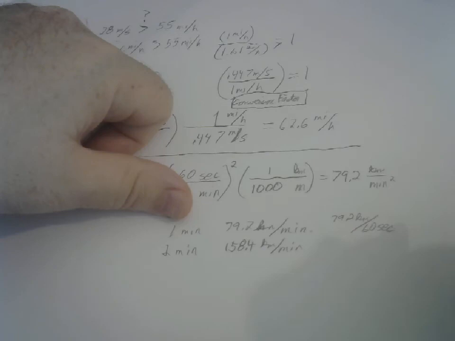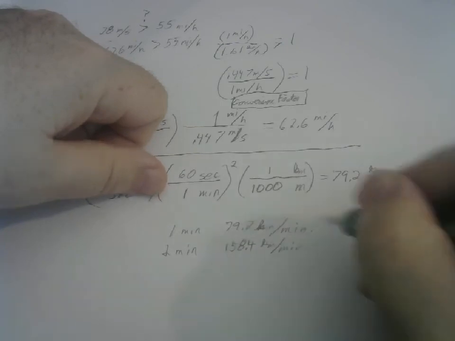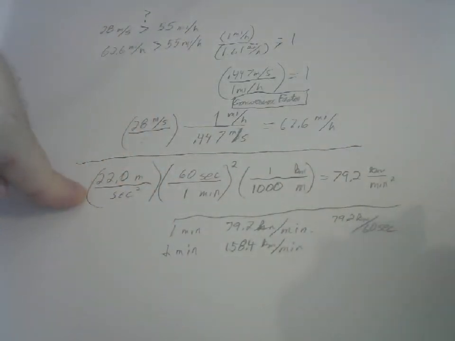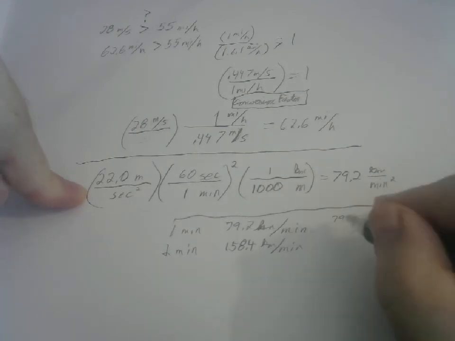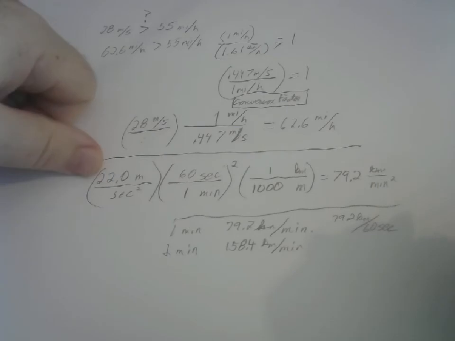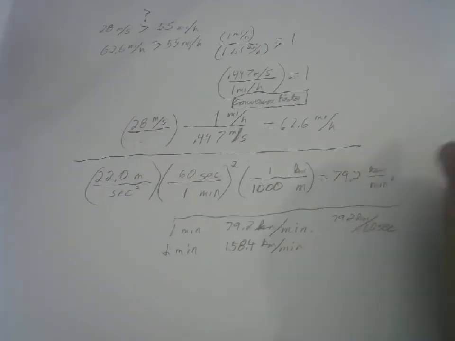It would be a little bit more than 1 kilometer per second. So how does that make sense, that this guy going 22 meters per second squared gets up to this fast, over a kilometer per second? Well, generally this acceleration won't last that long.